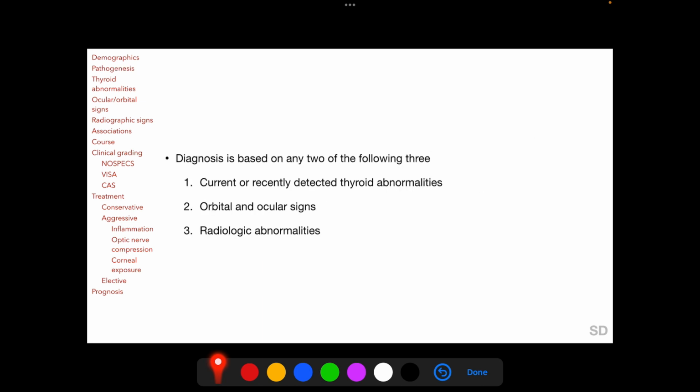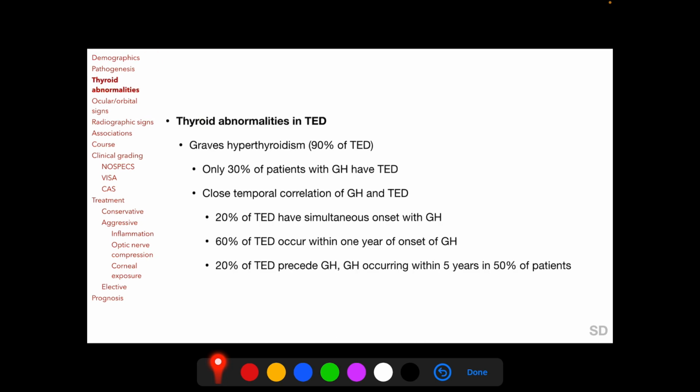Diagnosis of TED is based on any two of the following three: current or recently detected thyroid abnormalities, ocular and orbital signs, and radiologic abnormalities. 94% of patients with TED have thyroid abnormalities. The remaining 6% of patients are euthyroid endocrinologically but have serologic evidence of autoimmunity against the thyroid gland.